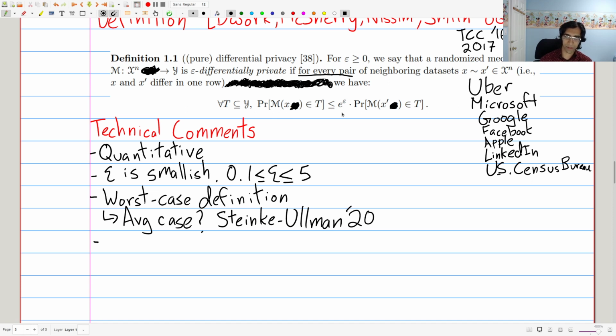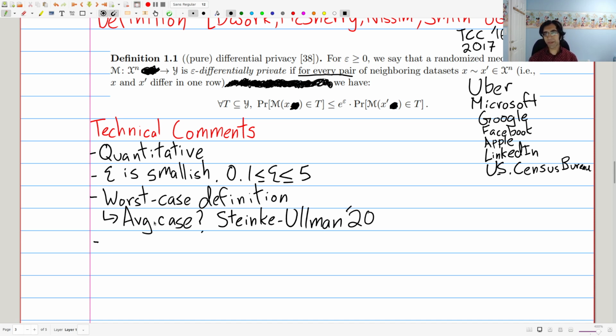So that says that the probability of any bad thing or any good thing happening will be at most an e to the epsilon factor more than it was before. We'll revisit this a bit more when we talk about interpretations of differential privacy and what it actually means to say an algorithm is differentially private. What does that mean? What can we take away from that? But we'll revisit that later.